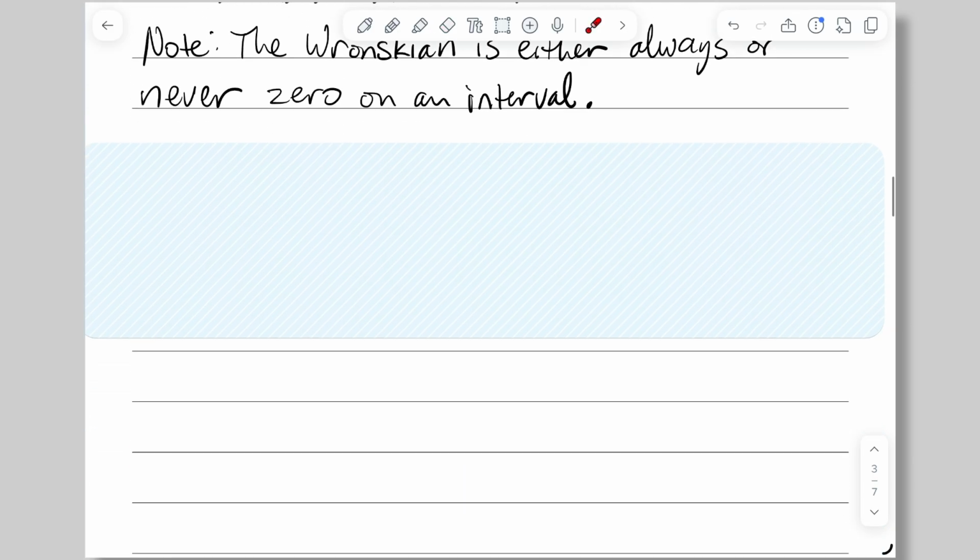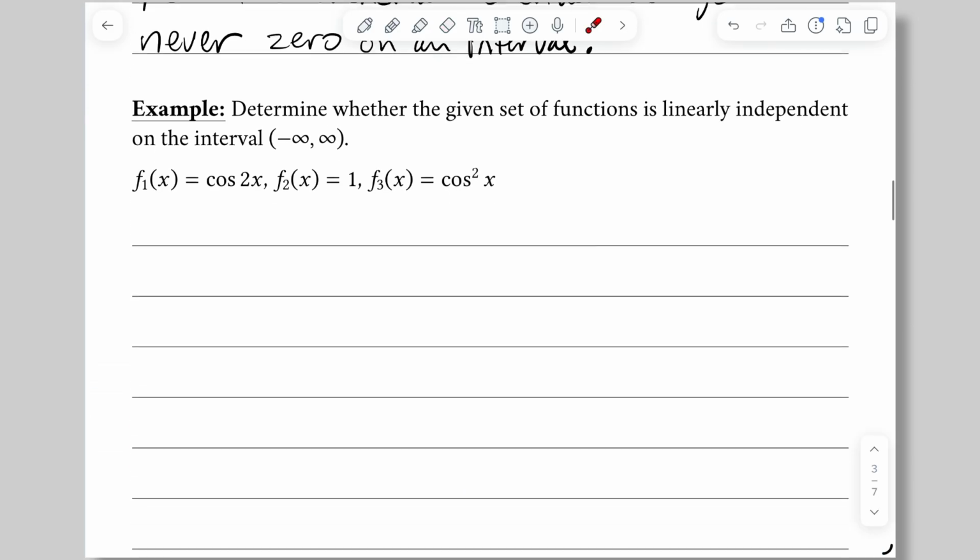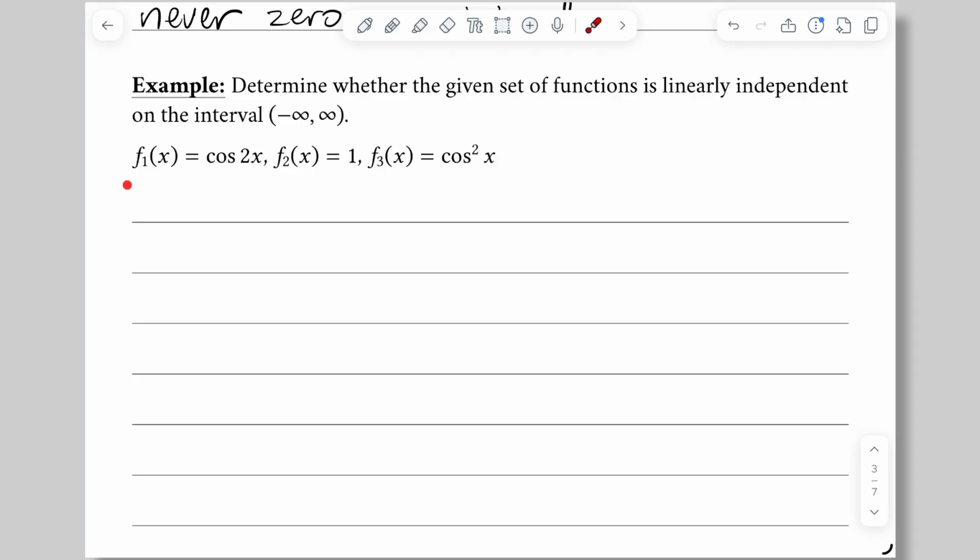Let's see what it looks like to compute a Wronskian here. We have functions f1 of x is equal to the cosine of 2x, f2 of x is equal to 1, and f3 of x is equal to the cosine squared of x. The Wronskian is going to tell us whether these are linearly independent on the interval.